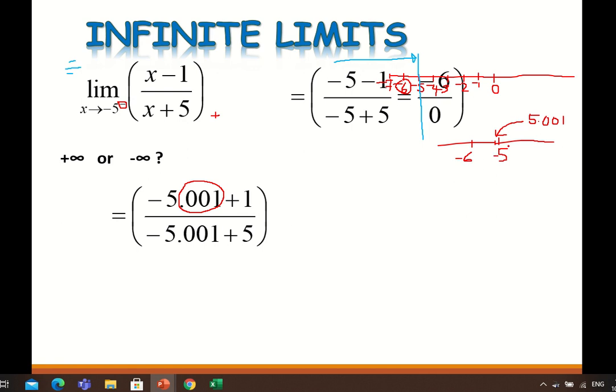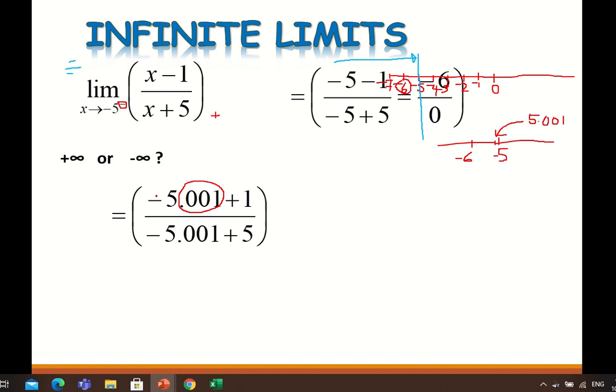The -4.999 I mentioned a while ago should be on the other side, since -5 is the reference. So the left side will contain -5 point something that is negative. That's why we have negative 0.0001 plus 1.